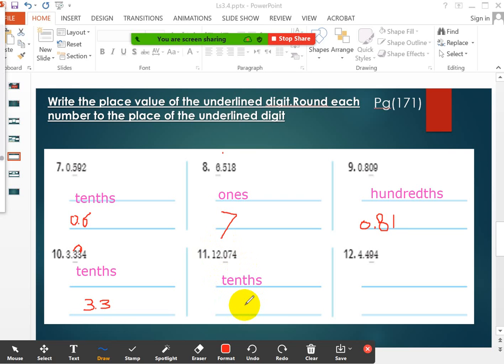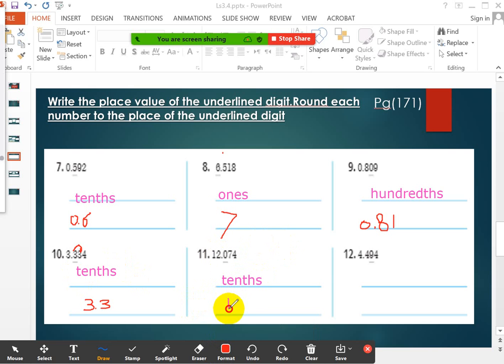Look, before the tens I have 7. 7 is greater than 5. Okay? 7 is greater than 5, right? Mahnur? Yes. So what do I have to do? I have to add 1 to the tens. It will be what?